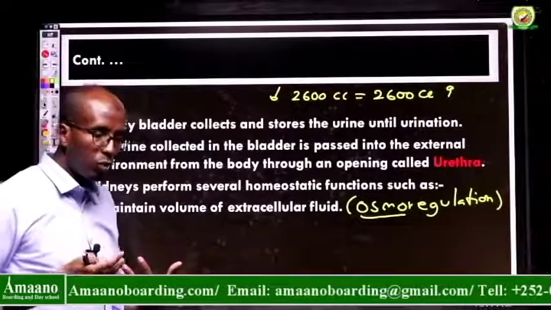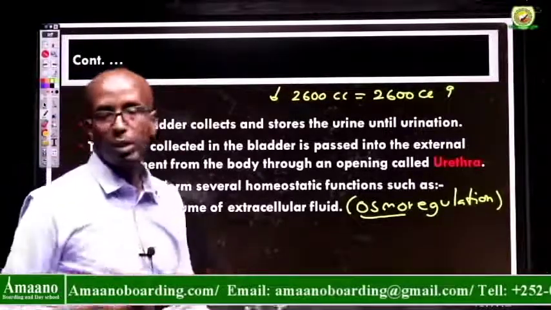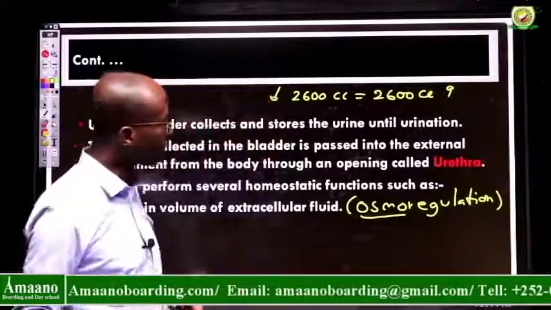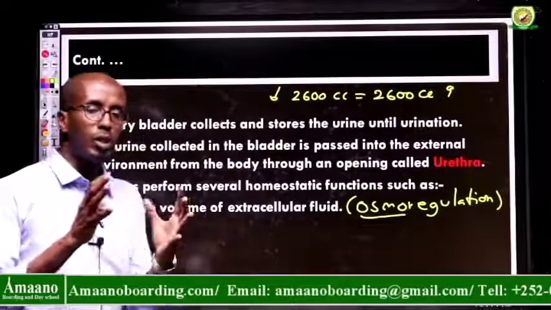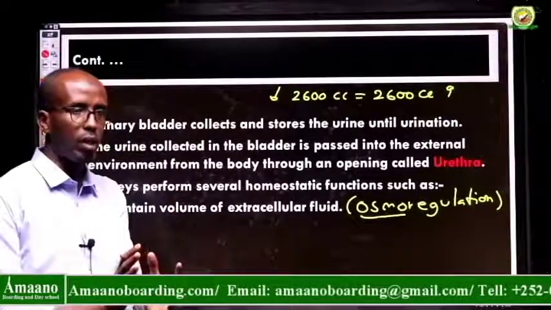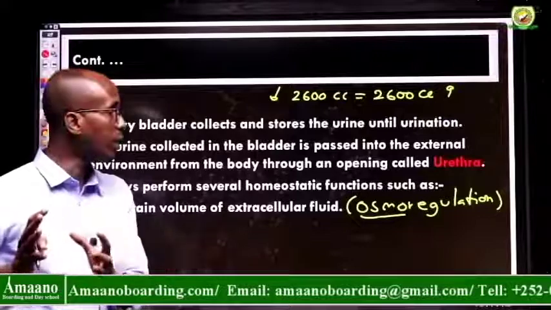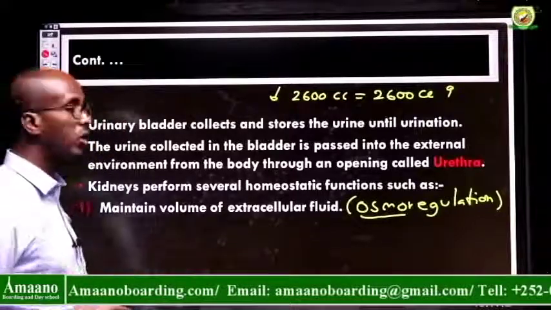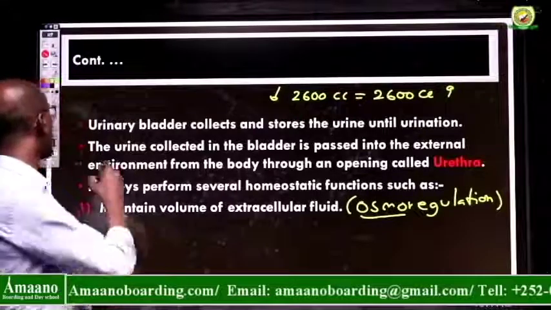So if the amount of water in the blood is somehow disturbed, the relationship may be lost. To keep this relationship existing, the amount of water in the blood must be kept constant. So osmoregulation is very important.